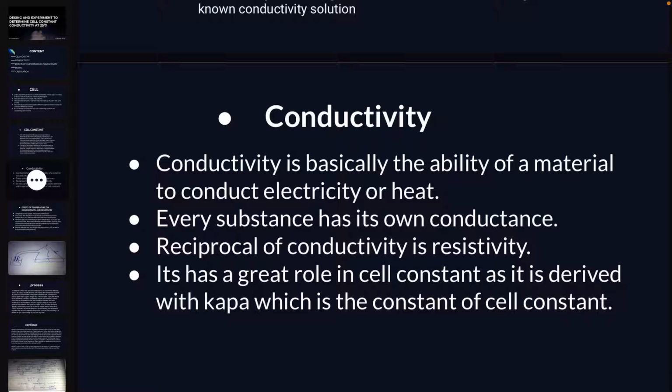Conductivity is the ability of a material to conduct electricity or heat. Basically, conductivity is the characteristic of a specific material that it conducts a specific amount of electricity or heat. Every substance has its own conductance.